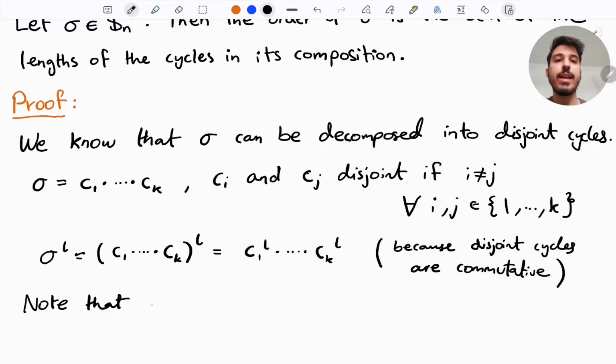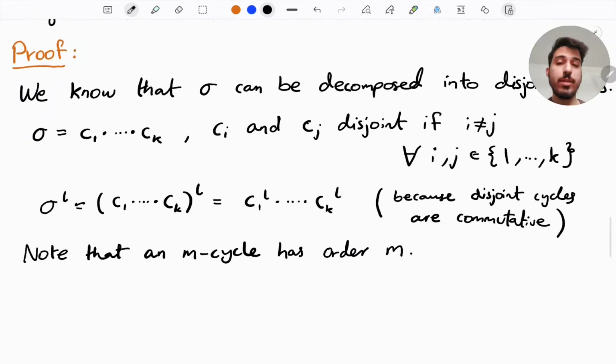To recap, the order of an element is the smallest integer such that if you take that element to the power of that integer, you get the identity.